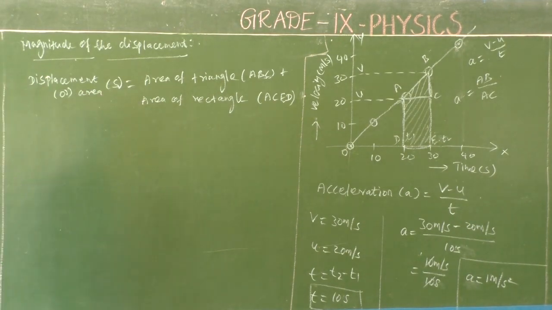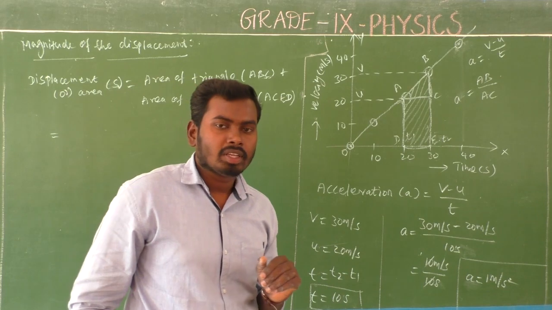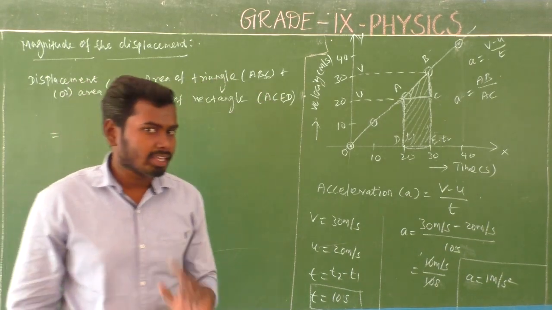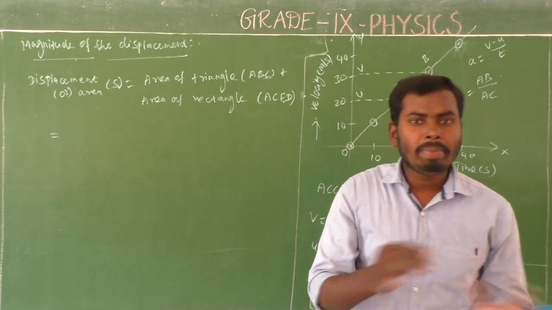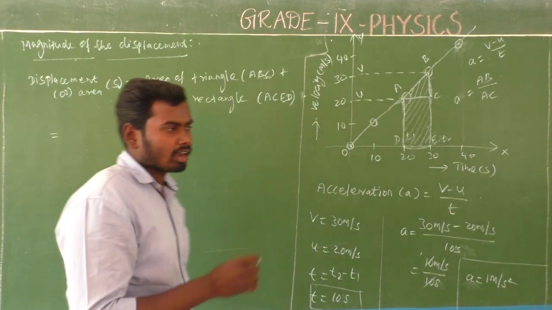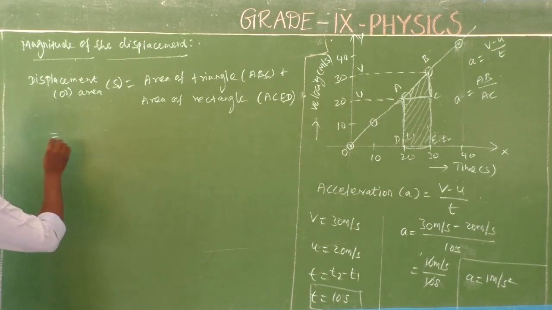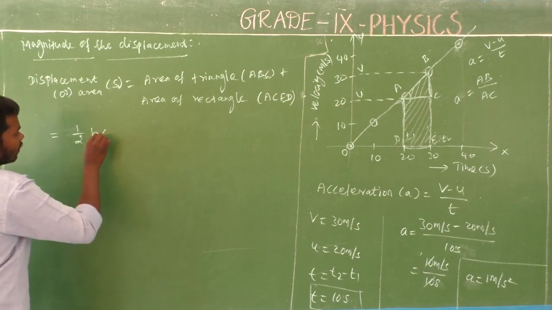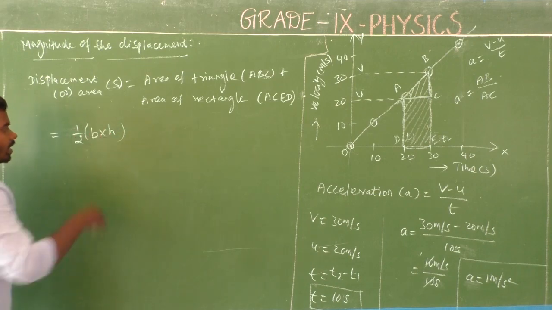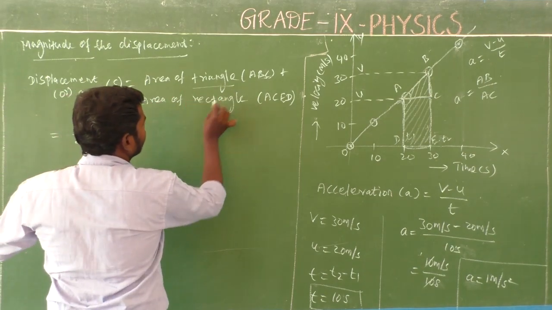Yes. So already we know the formula for area of triangle: half BH. That is the area of triangle. Then what is the area of rectangle? L into B. That is the area of rectangle. Am I right? Yes. Look at here, the triangle is here, the rectangle is here.